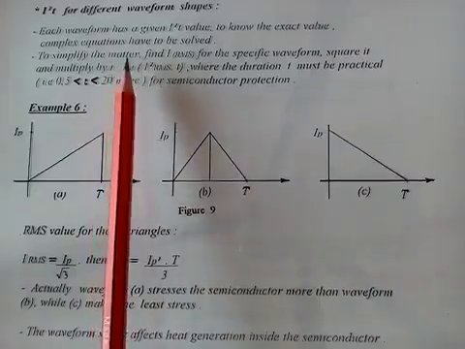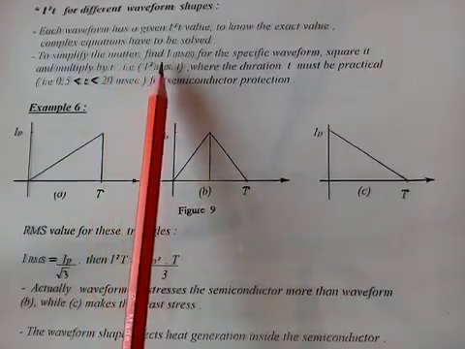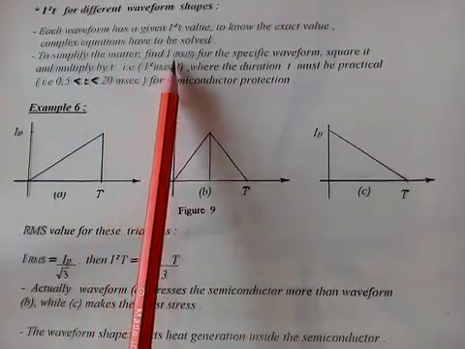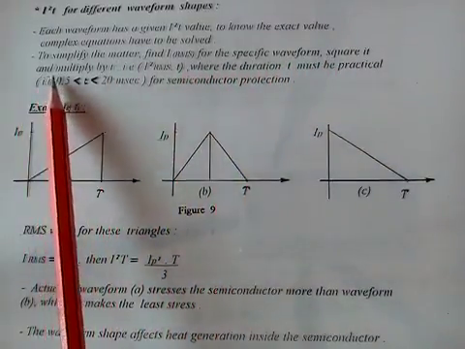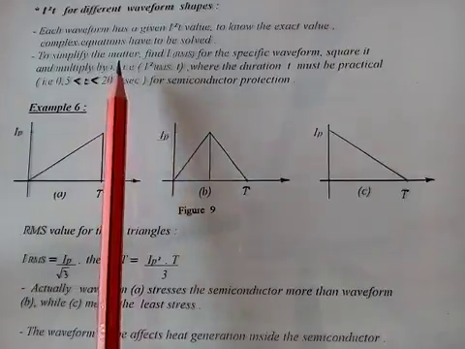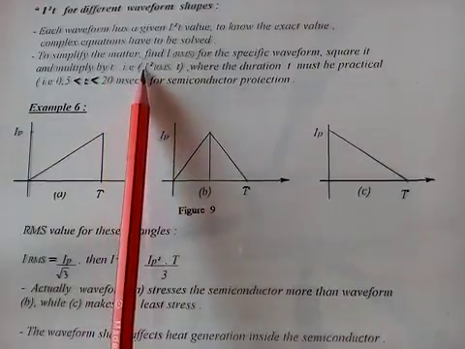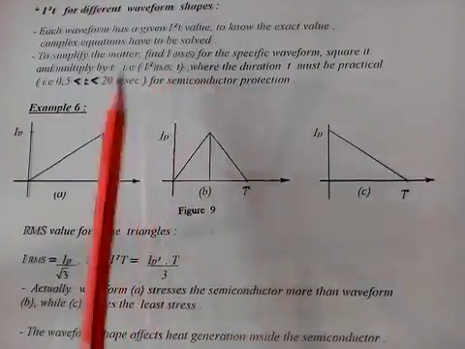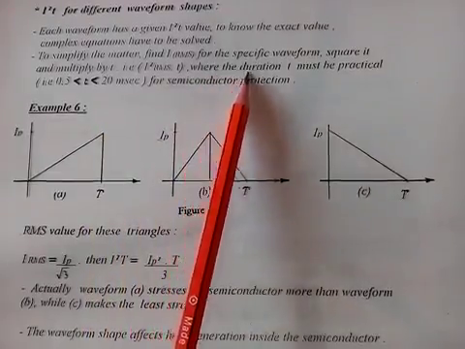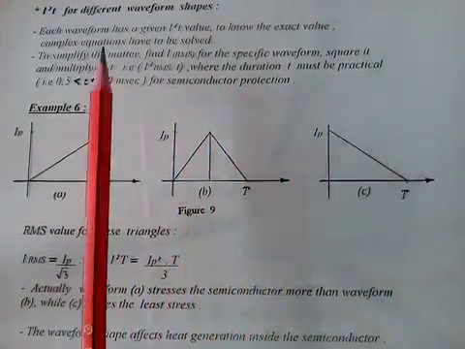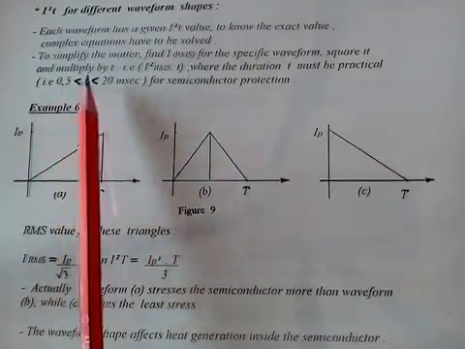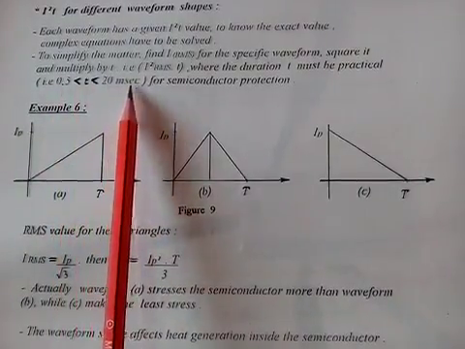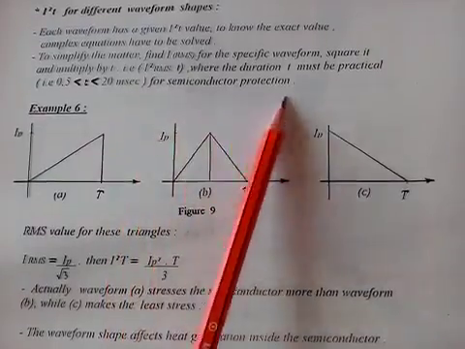To simplify the matter, find the IRMS for a specific waveform, square it, and multiply it by T, i.e. the I square T RMS multiplied by T, where the duration T must be practical, like we said before, should be greater than 0.5 millisecond but less than 20 millisecond. That's for semiconductor protection.